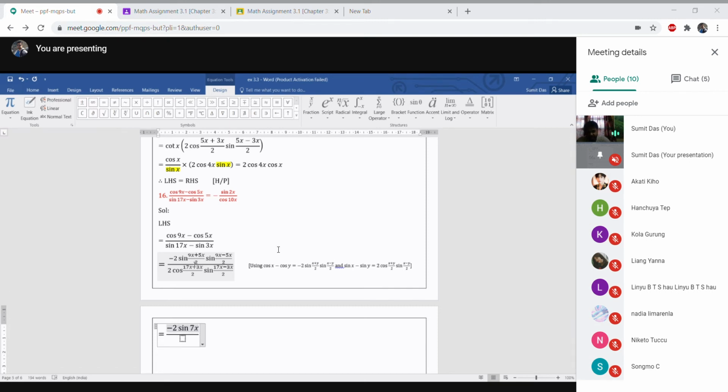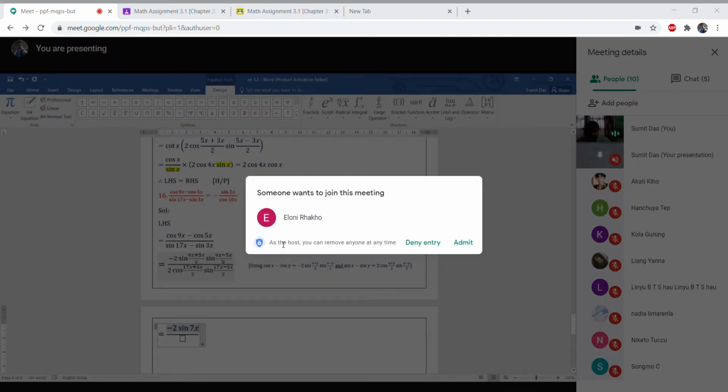And 9x minus 5x is 4x, divided by 2 will be 2x, so sine 2x. Then cos of (17x plus 3x) divided by 2 is 20 by 2, so cos 10x. Then sine of 17 minus 3 is 14, divided by 2 is 7x.